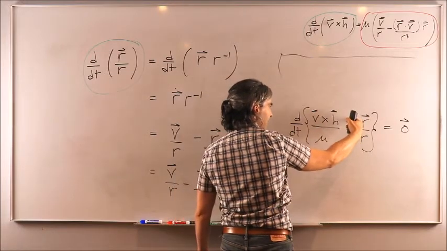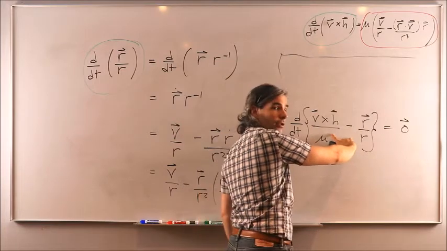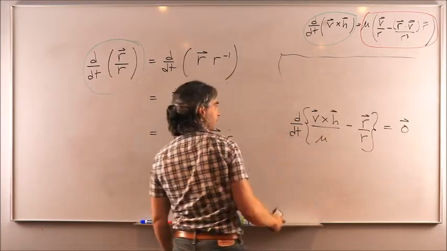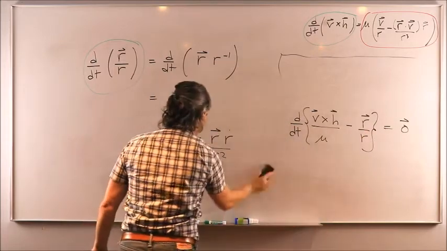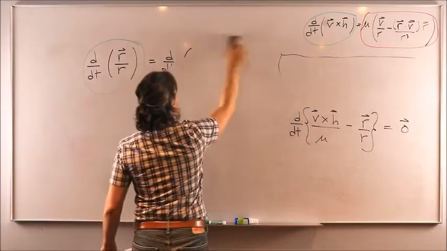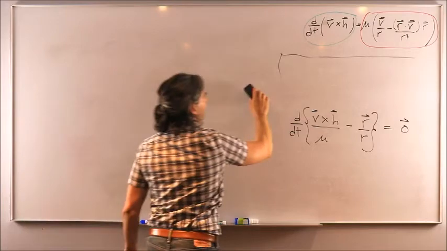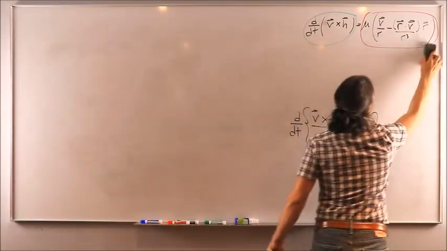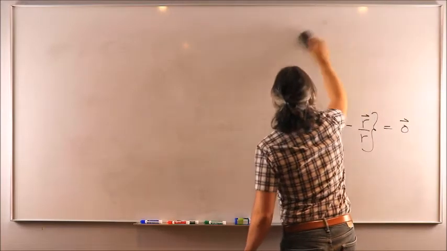You have a vector divided by a scalar. So what you have essentially here is a subtraction of two different vectors, with the time derivative of that giving us the null vector. And boom, just like that, we have achieved our objective of that section, which was to demonstrate that the time derivative of the eccentricity vector was 0, or the null vector rather.